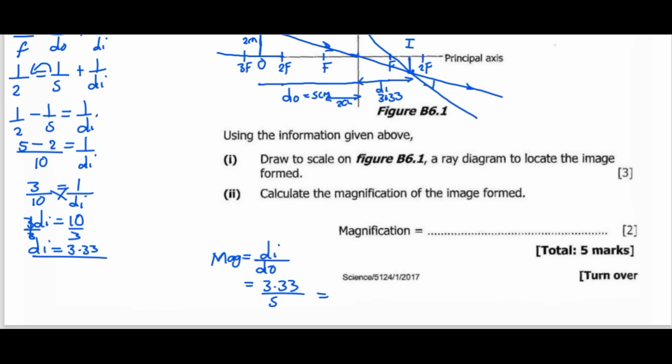So 3.33 divided by 5 will give us 0.66, which is 0.7. So whenever you have magnification as 0 point something, just know that the image in terms of the height or the size is lower than an object. So that is the key point.